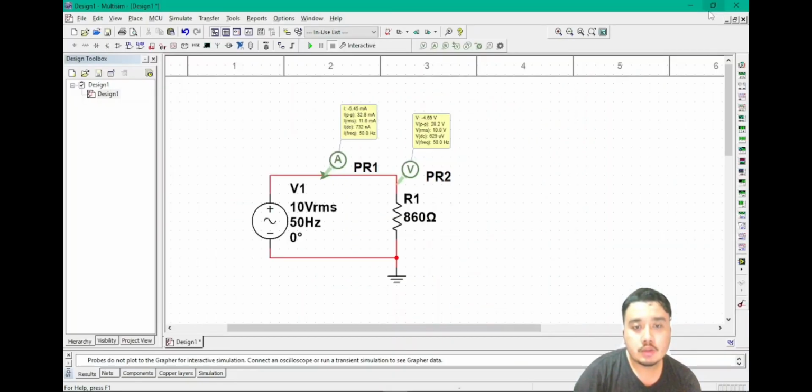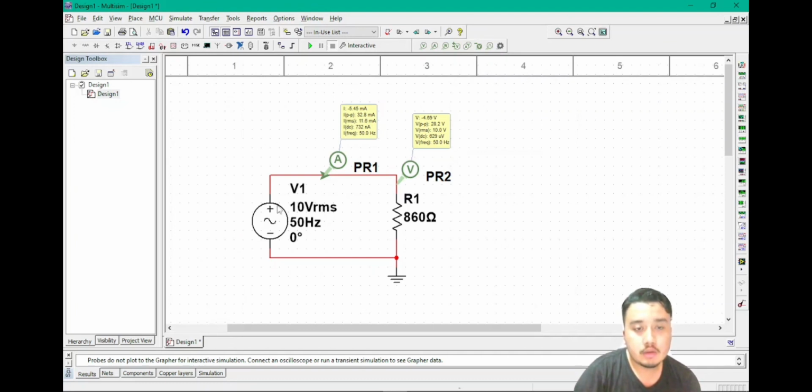Now I would like to show you how we simulate all the circuits of the 3 activities using the Multisim software. This is one of the examples from activity 1.